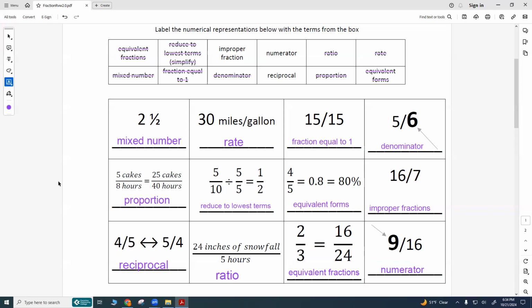Good. So when we just have the fractions, we're dealing with them at a very numerical level. If we begin to put units, then we're probably using either a ratio, a rate, or a proportion, and we use the rules and characteristics of fractions to show those relationships.